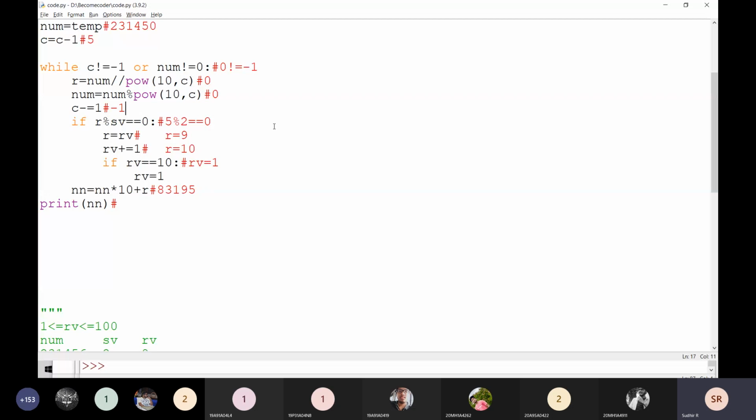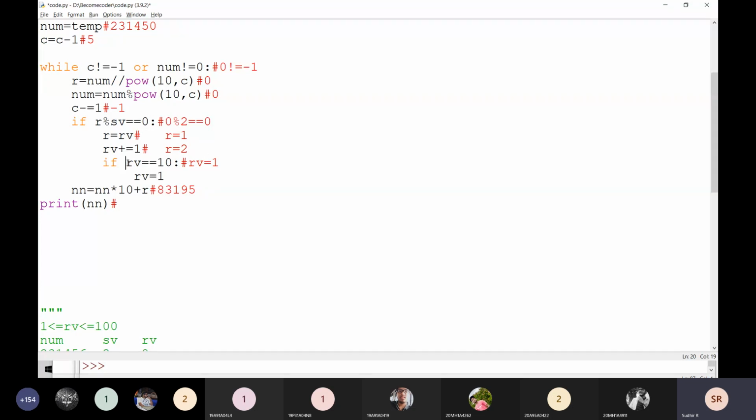C value becomes minus 1, and it is going to be checked whether 0 is divisible by 2 or not. Yes, 0 is divisible, so it automatically comes here, and then R value 1 is replaced, and it becomes 2. Sorry, 1 plus 1 becomes 2 here.